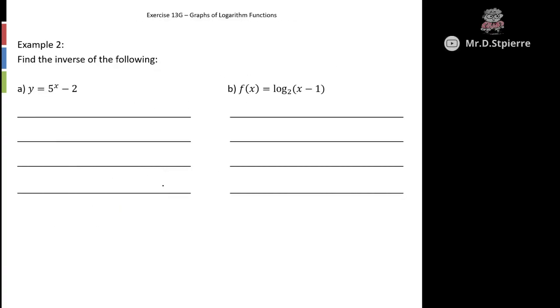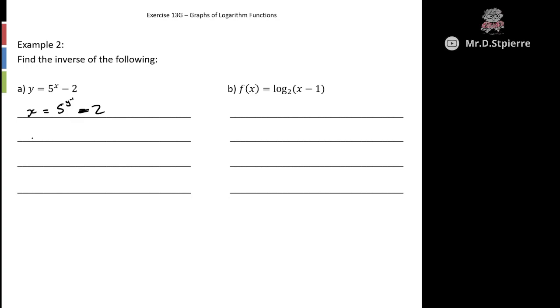Okay, so let's find the inverse of these. We're going to just start by switching. Remember that pattern, so we get x equals 5 to the y, and I'll put my little -1 to indicate that we're dealing with the inverse.